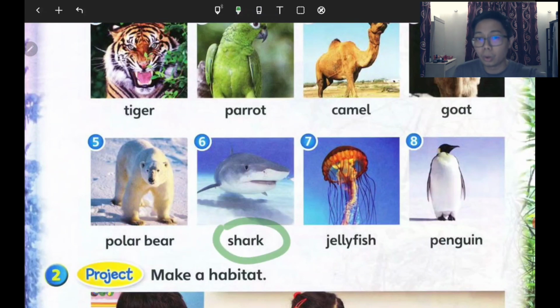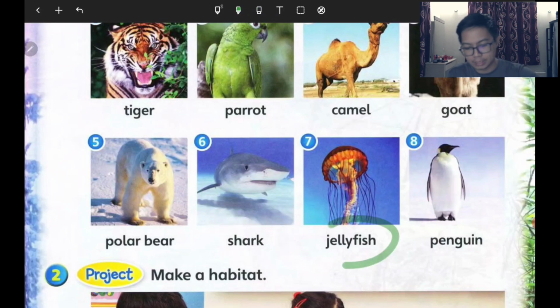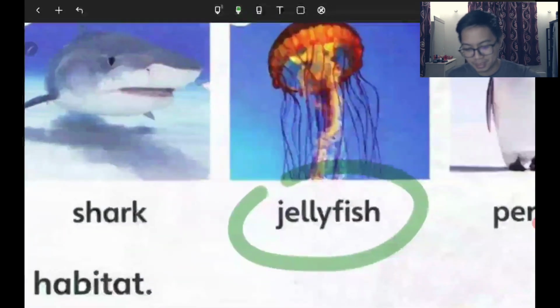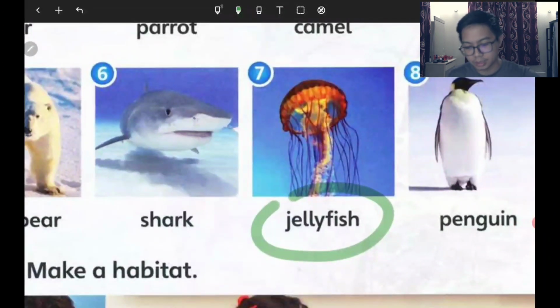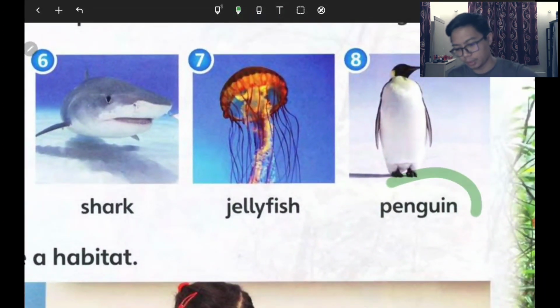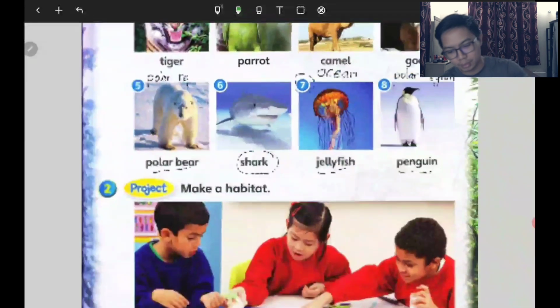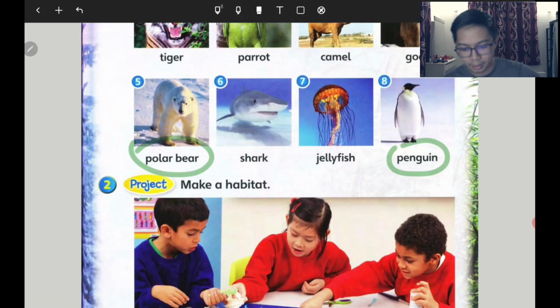In the ocean, okay, di laut. How about jellyfish? Jellyfish, okay, in the ocean. And lastly, we have the penguin. Penguin, we can find penguin in the polar region, same as polar bear.